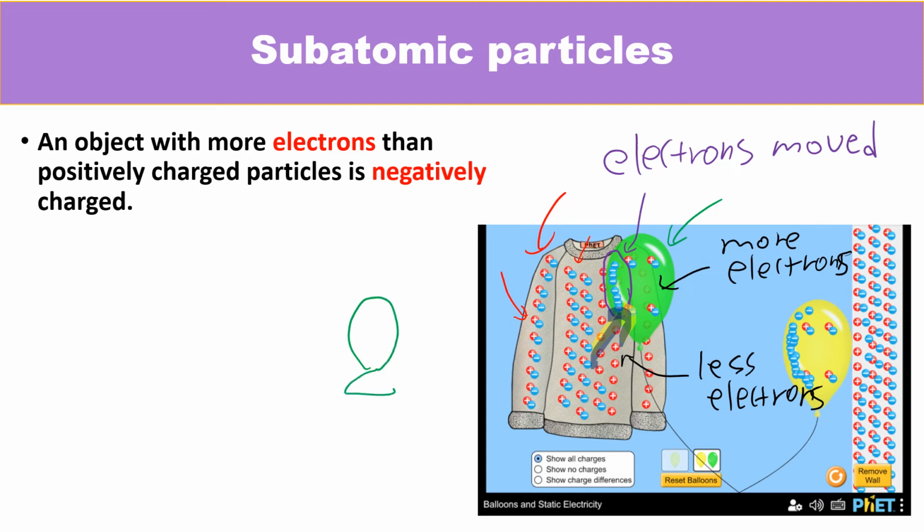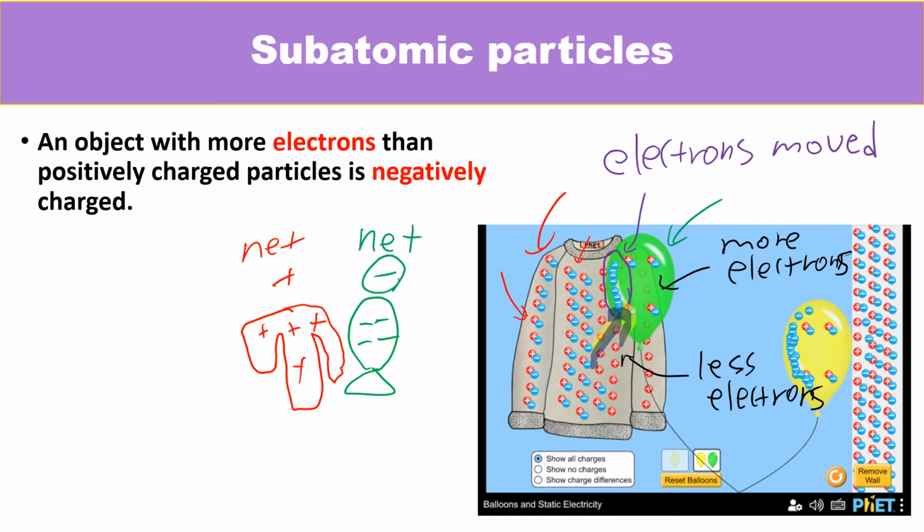The balloon now has more negative charge, while the sweater, I cannot draw the sweater, this is the best I can do, now has more positive charge. And because of this net positive versus net negative, you should remember from our Unit B, which is kind of like magnets, opposites attract each other.